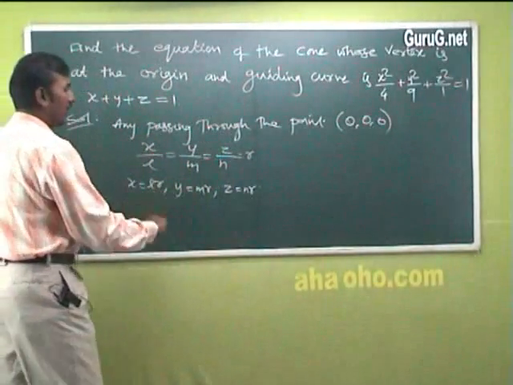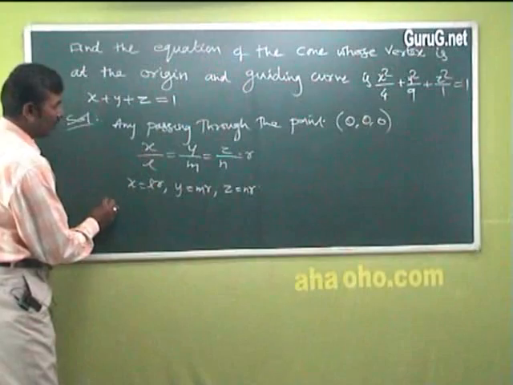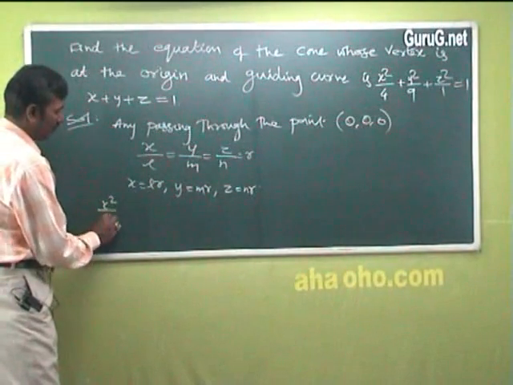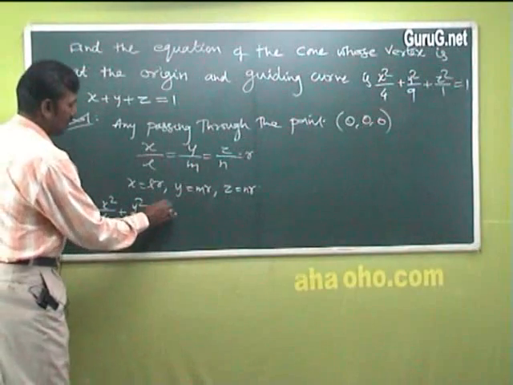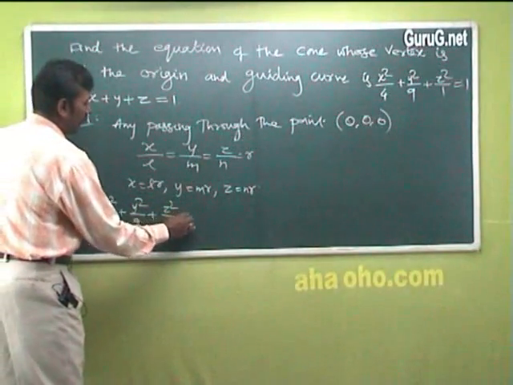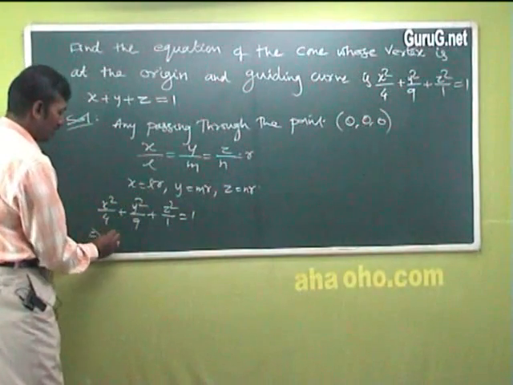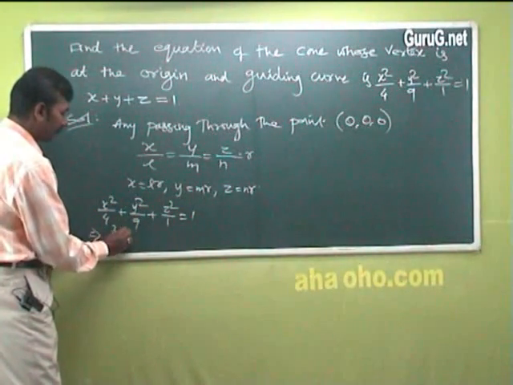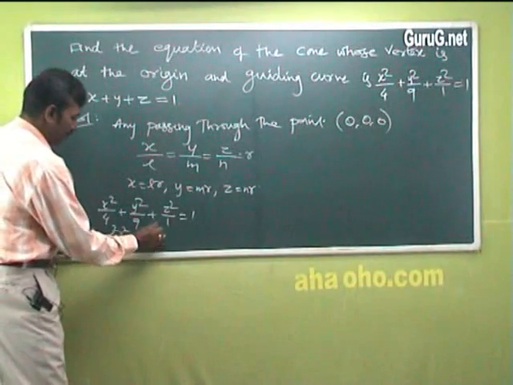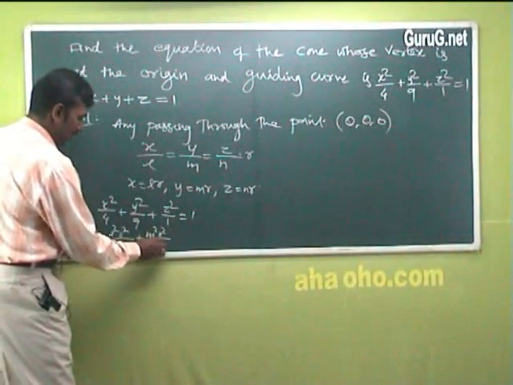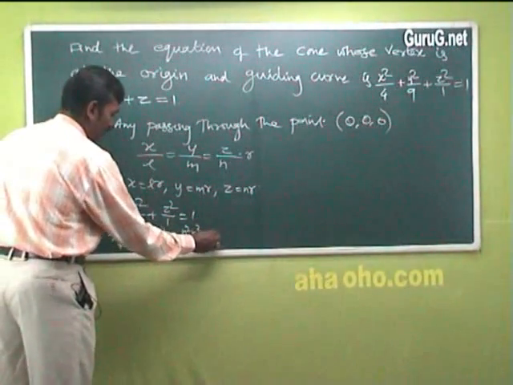You substitute these values in these equations, right? Now what will we get? X squared by 4 plus y squared by 9 plus z squared by 1 equal to 1, which becomes, replace x by LR, so L squared r squared by 4 plus m squared r squared by 9 plus n squared r squared by 1 equal to 1.